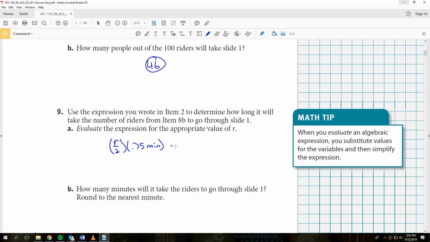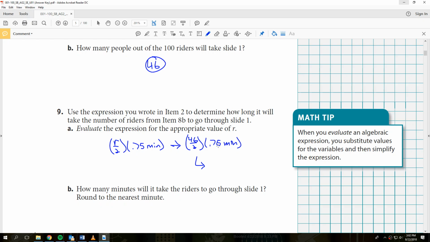All right, which means that if r is 46, that'd be 46 divided by 2 times 0.75 minutes, which is equal to, I'm not sure, let's calculate that real quick.